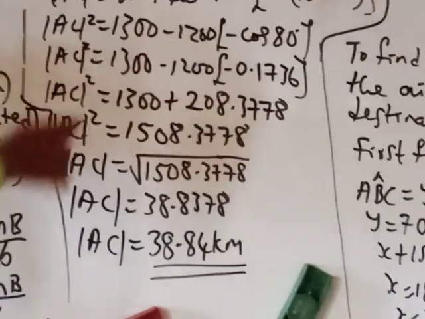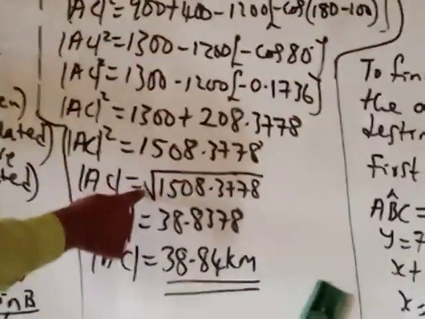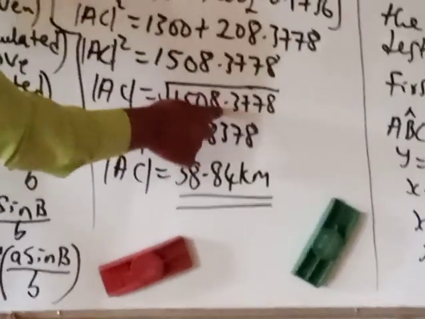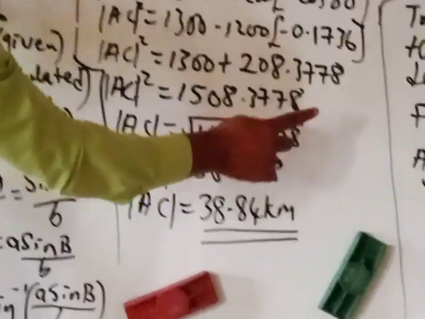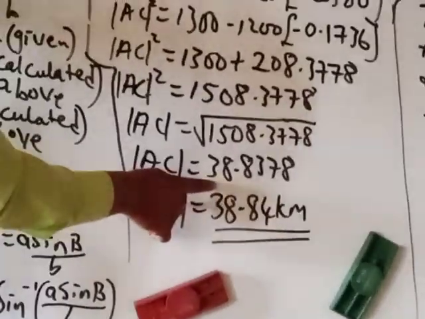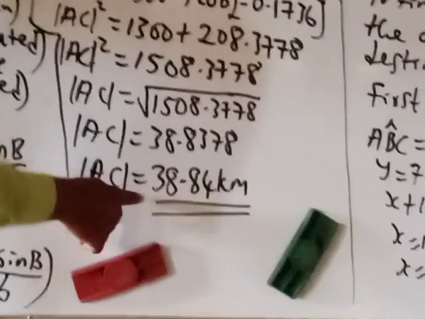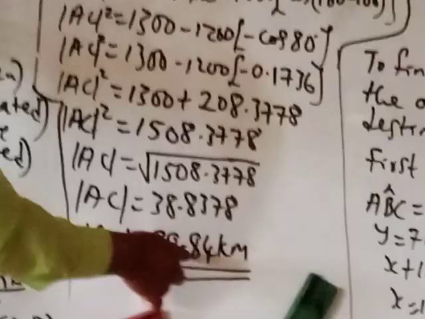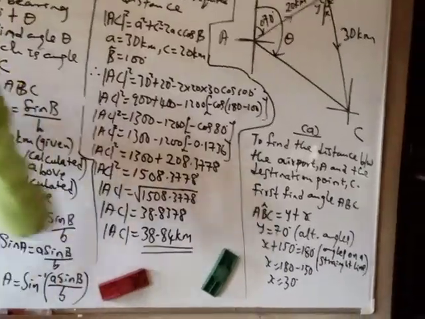Then to find AC, this is square, crossing it becomes square root. Square root of 1,508.3778 will give us 38.8378. Leaving it in 2 decimal places, we have 38.84 kilometers. That is the distance between the starting point and the ending point of the aeroplane.